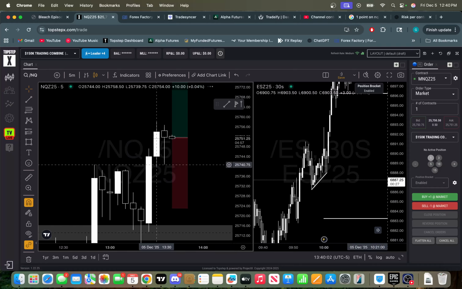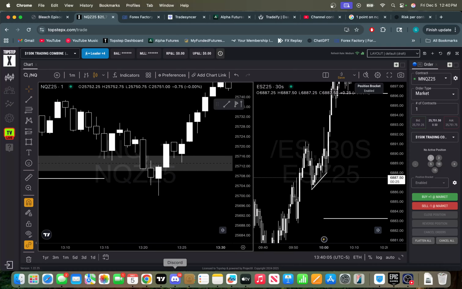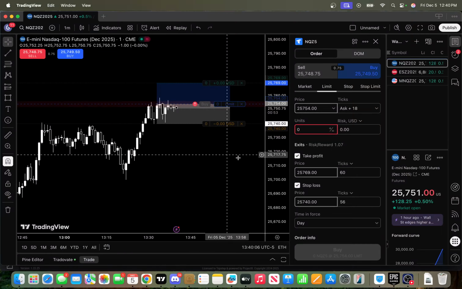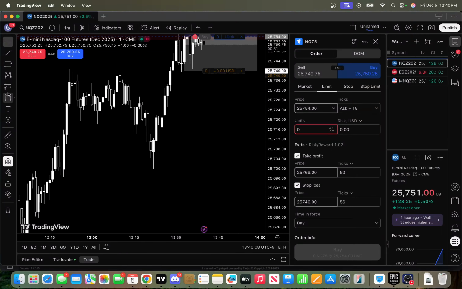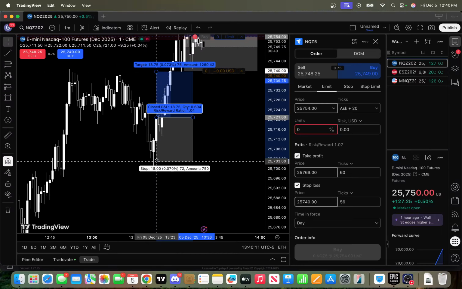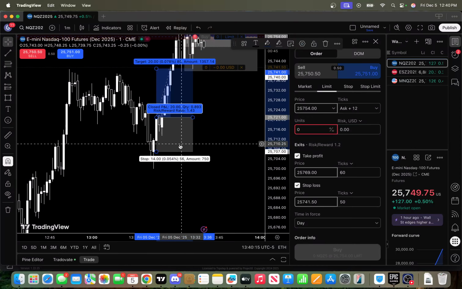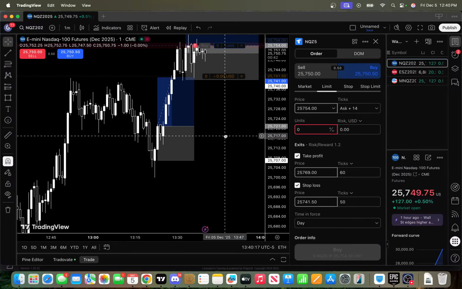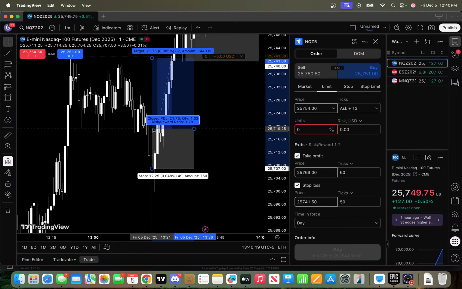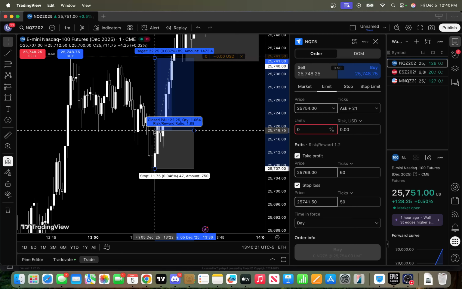Obviously, with an inverse fair value gap, it's a lot easier because what you would do is just take this, right? And then you already have a rough estimate of where you think it's probably going to close. So I'd have it like here, maybe.